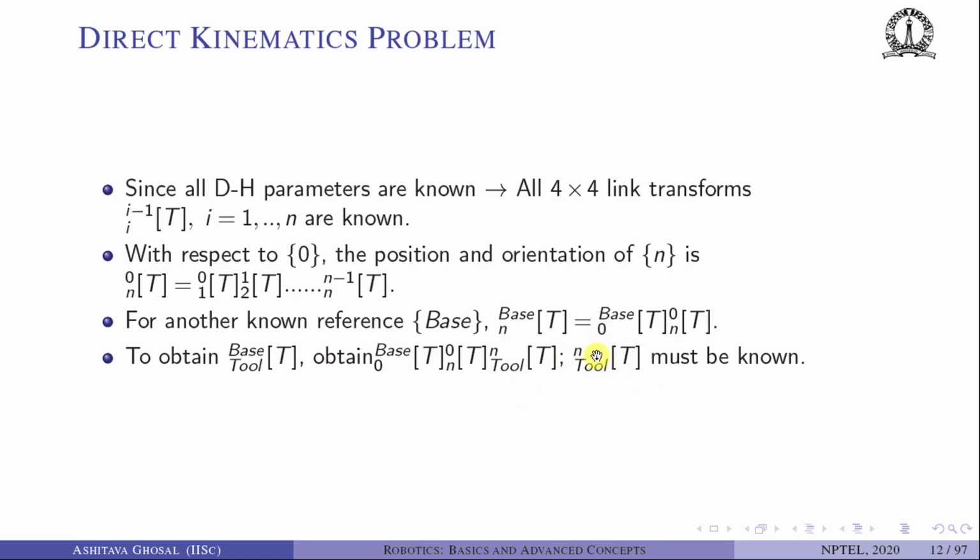So we need a transformation matrix called n to tool, the tool tip with respect to the nth coordinate system. And if I want to find out where the end of the tool is with respect to, say, the corner of the room, we need to know the base to tool transformation matrix. All we need to do is pre-multiply by base to 0, 0 to n, and n to tool.